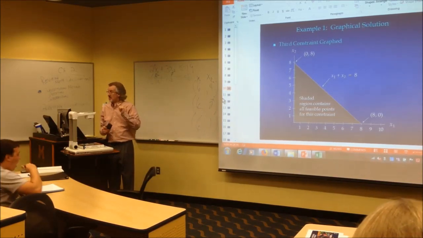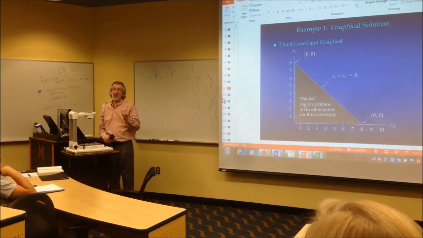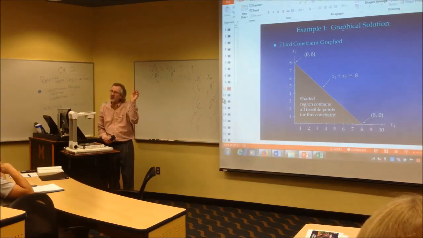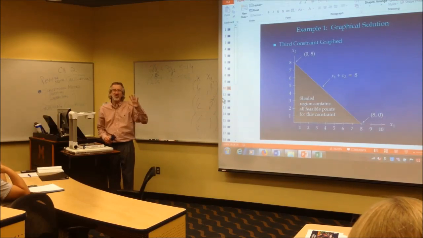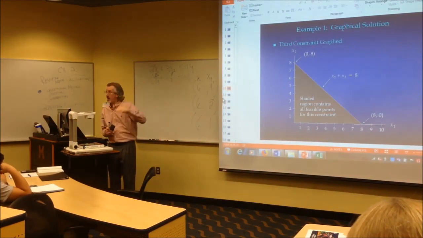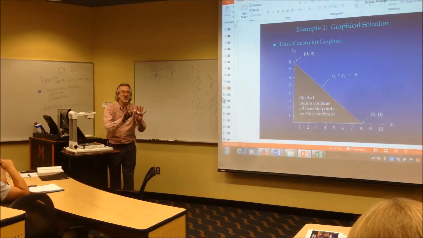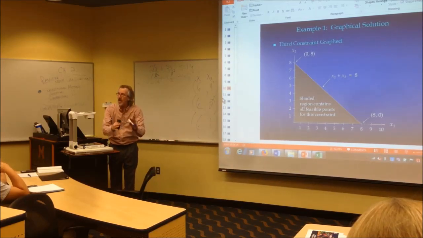Now, this is where getting experience with these will help you, because when you're shading, don't shade too dark, because you're shading areas that are not part of the feasible region as well as areas that are. The feasible region is determined when every constraint has been graphed, and the shading for every constraint overlaps. That's the feasible region.